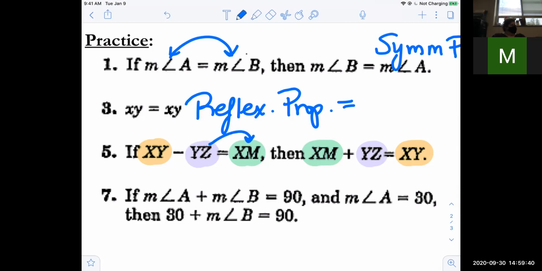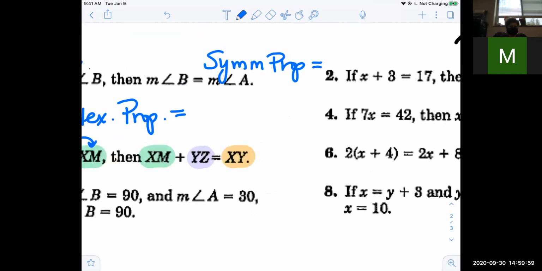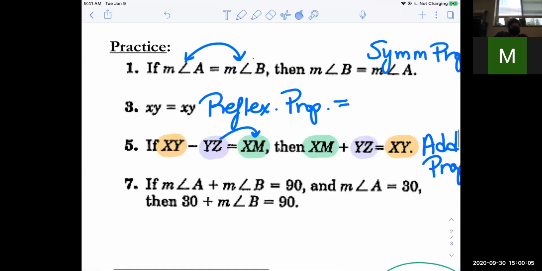If it got moved over to be with the green, is that subtraction? Addition. That was a little tricky also because in addition to adding, they also switched the sides around. I don't like that too much, but it is what it is. So that would be addition, because you added YZ on both sides.